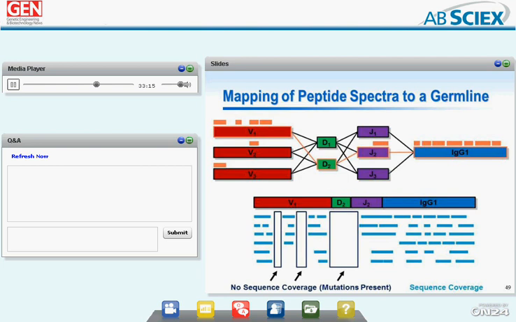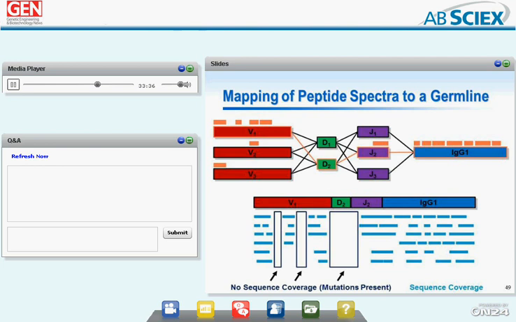So when looking at how our database search will work in the first pass, we need to start by taking our LC-MS-MS database and mapping these peptide spectra to a specific germline. So we make a custom database of all possible variable regions, D regions, J regions, and since we know it is an IgG1, we'll just use that single conserved region.